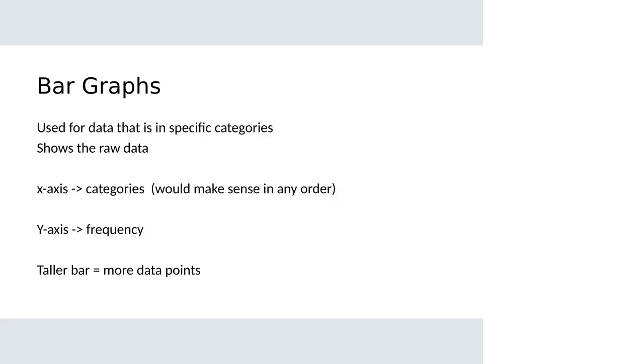The first type of graph we're going to look at is something you're probably pretty familiar with. It's a bar graph. A bar graph is used to show data that's in specific categories, and it shows raw data. Not always, but often. We're going to have a horizontal axis down here. The x-axis is where our categories would go.